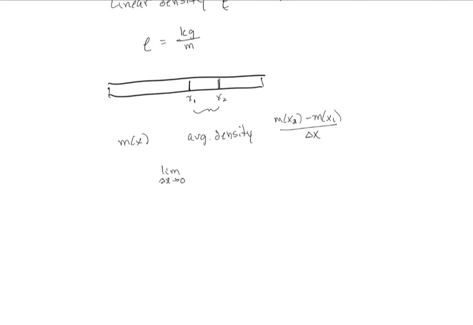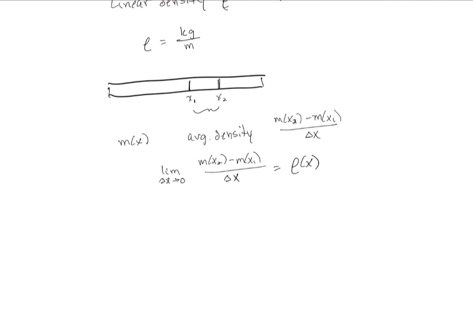So very similar, analogous to what we did with velocity, rate of change of position over time. We're looking at linear density at any particular position in that rod that is not homogeneous. And again, we're going to use the Greek lowercase letter rho to represent that idea.